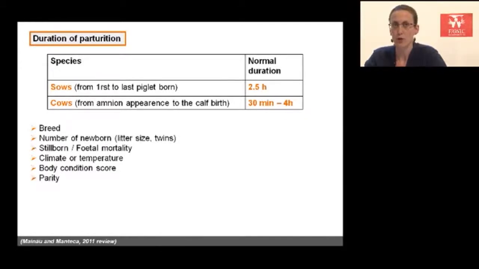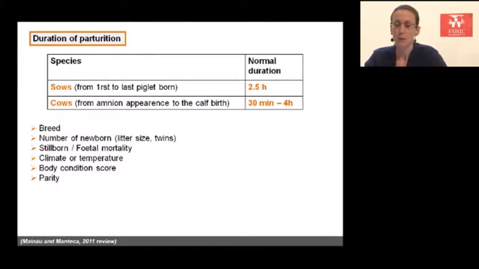modify this duration. For example, breed, the number of newborns, the presence of fetal mortality, several aspects such as climate or temperature, and also the body condition score of the mother. And of course, there is another factor that is parity.